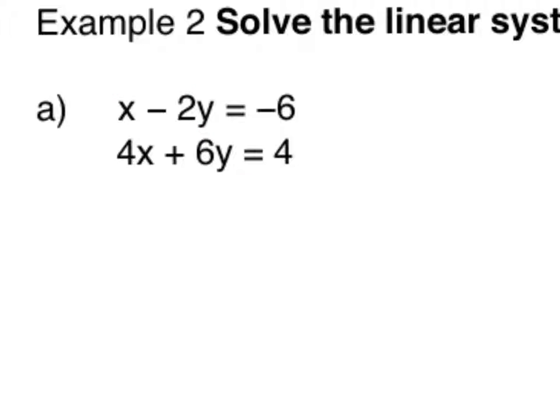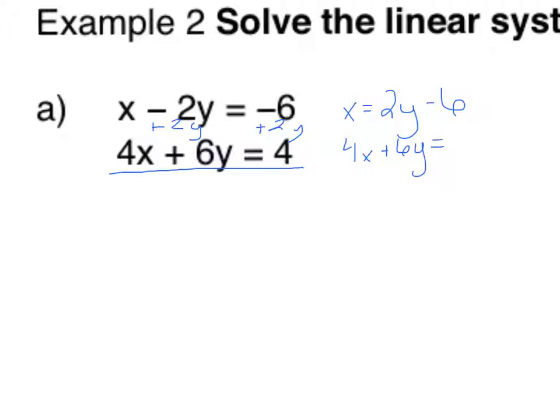When we do that, we want to isolate that x, so I have to move this 2y to the other side. When I do that, it gives me a new function. It gives me x is equal to 2y minus 6. I can leave the other function exactly how it is and just write 4x plus 6y equals 4.